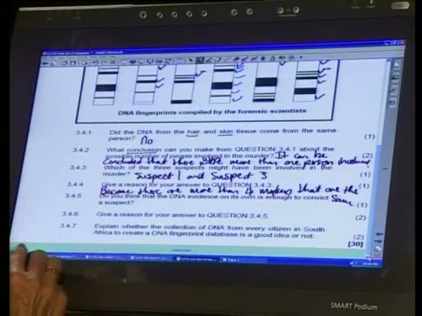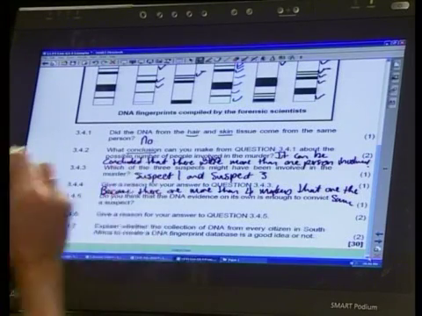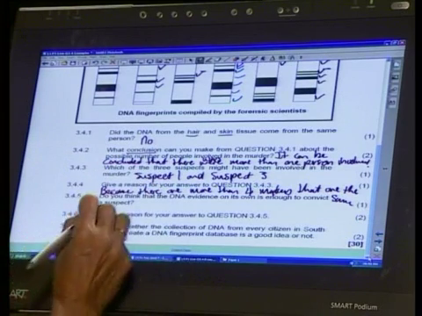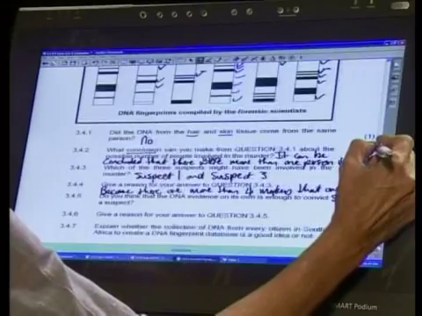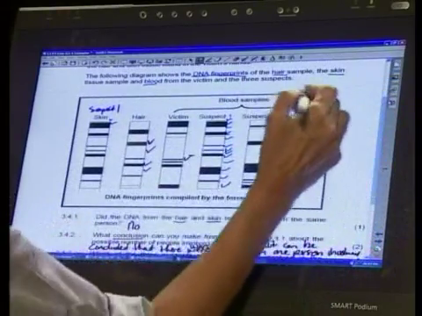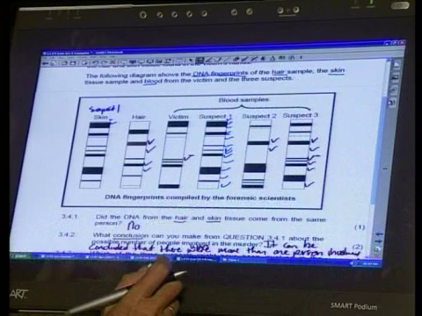If you say, I don't think DNA evidence is enough to convict somebody, you could say, give a reason for your answer, because this victim could have maybe been involved with suspect 3, and that is why she had suspect 3's hair in her hand.